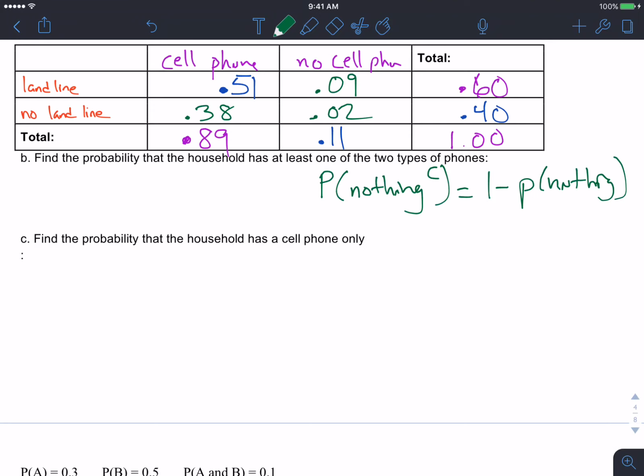What is the probability that they have absolutely nothing? No landline and no cell phone gives me 0.02. So 1 minus 0.02 equals 0.98.